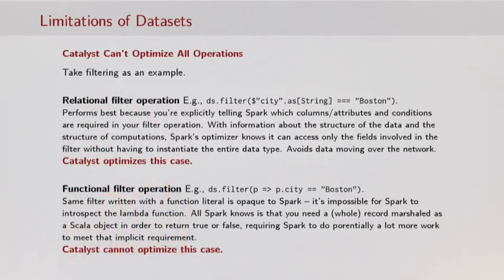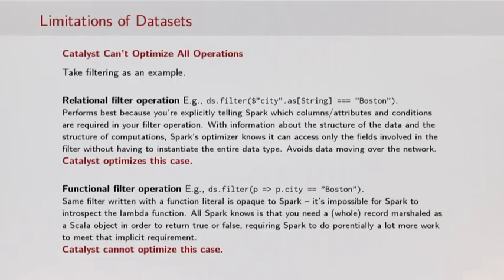Catalyst actually cannot optimize functional filter operations or functional operations that include passing around function literals or lambdas. And the reason why is because when you pass a function to Spark, all Spark can know is that you need an entire record serialized, so an entire object serialized, and you need to apply this function to it, and you don't know what's in it.